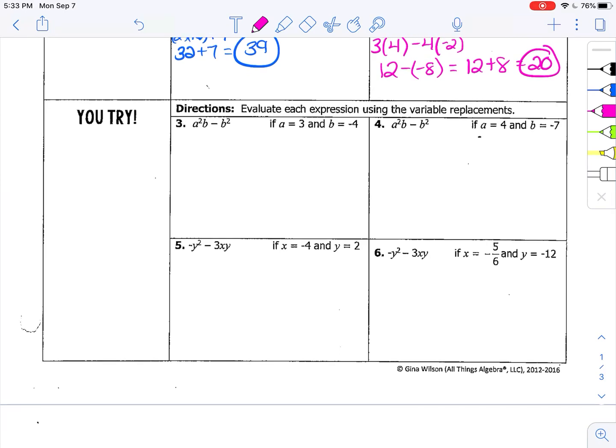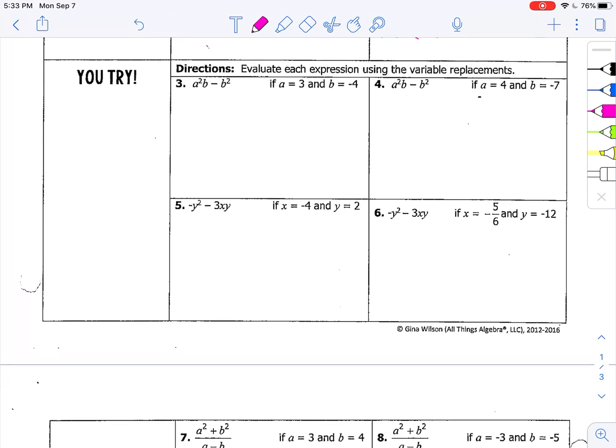I want to take a look at a couple more in the you try section. First, I want to take a look at number 5. Number 5 has the expression negative y squared minus 3xy, given that x equals negative 4 and y equals 2. So we're going to substitute those values in.